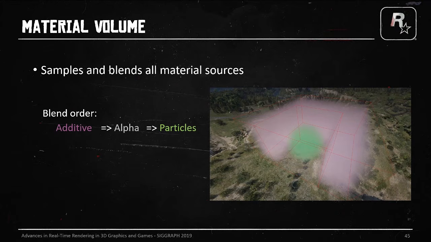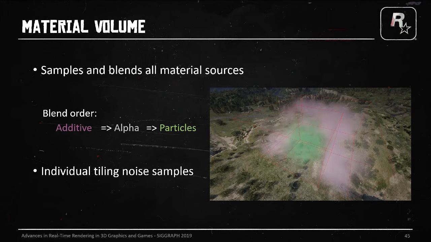This allows us to place large volumes around whole street blocks and then use alpha volumes to carve out interior rooms and still be able to add particle-based volumes for the dynamic events, explosions, fires, or just a smoky saloon atmosphere. And these are all modulated by individual tiling noise samples.